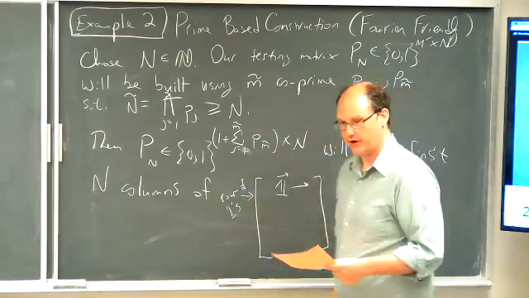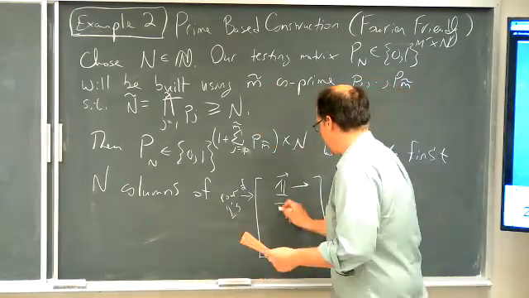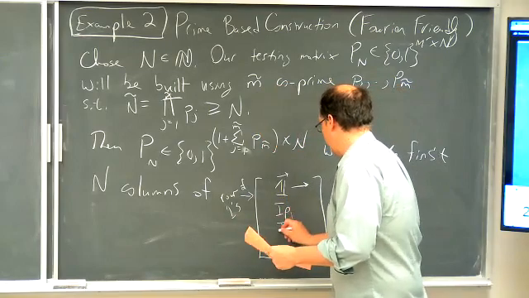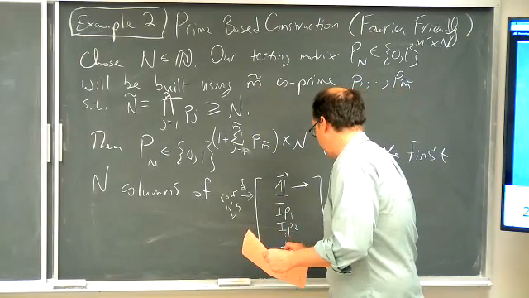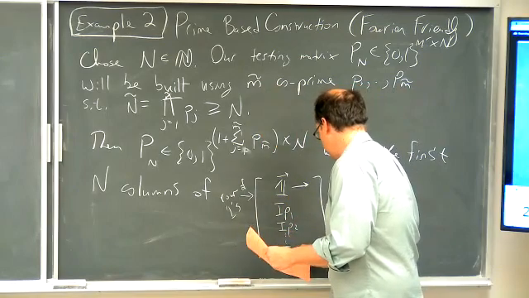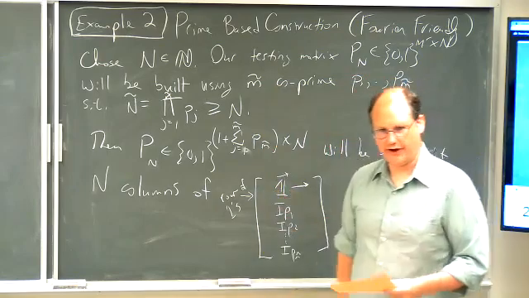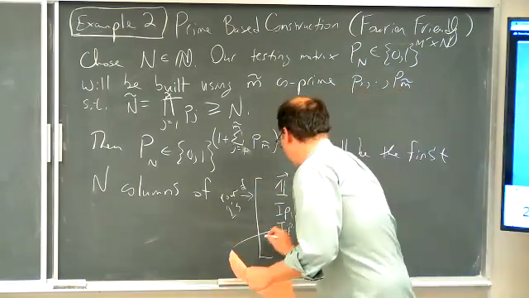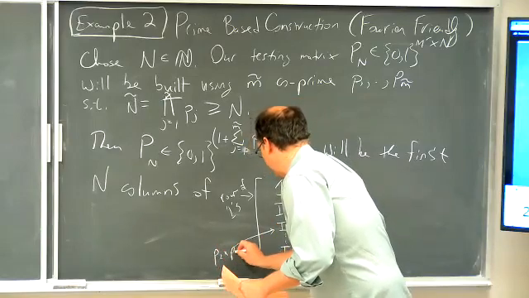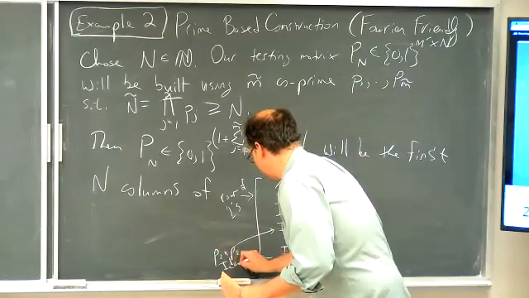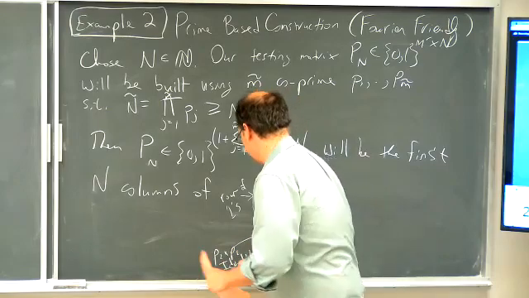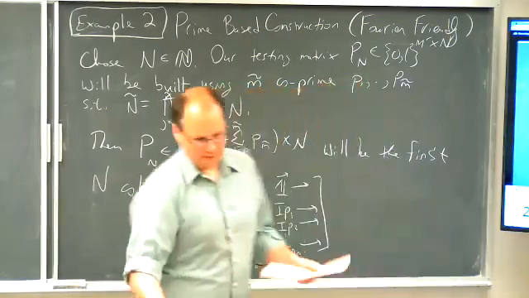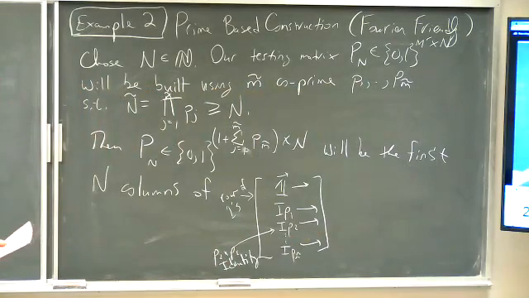Just repeat that forever this way. And then for every one of my primes, I'm going to repeat a bunch of identity matrices of the size of the prime until I run out of columns. So this, for example, is a P2 by P2 identity matrix. Okay. All 0, 1 matrices, and I can sort of define things this way.